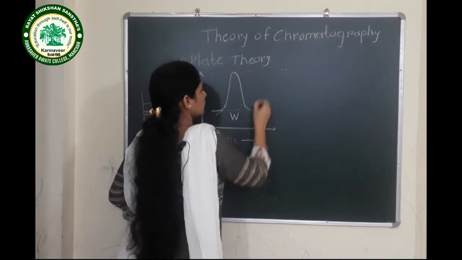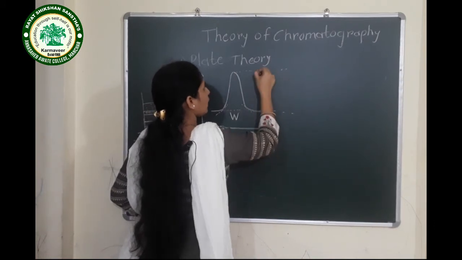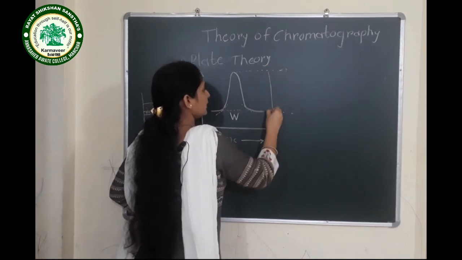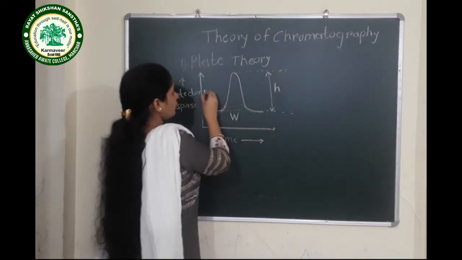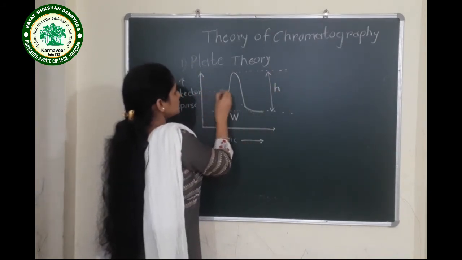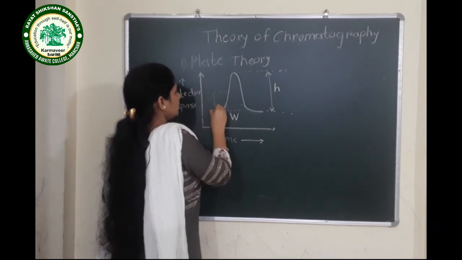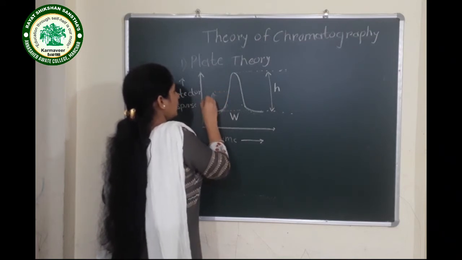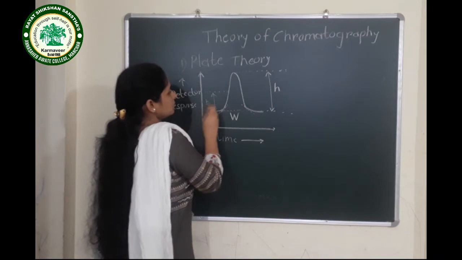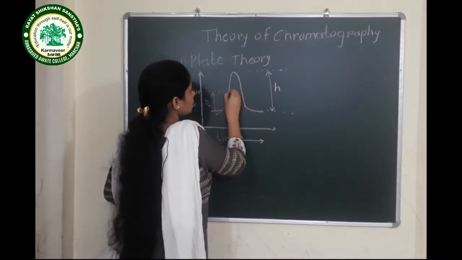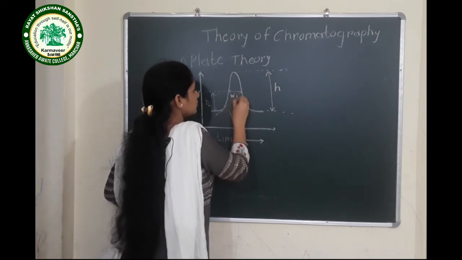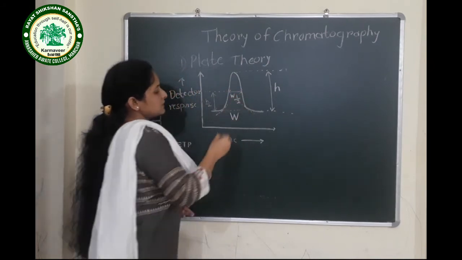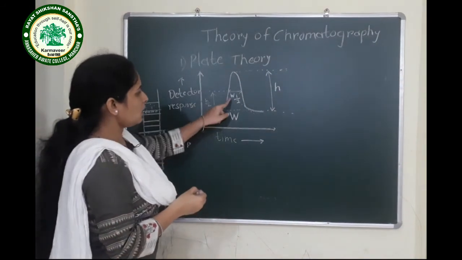This is the height of the peak, H. At the half height, suppose this is the half height, which is given by H half. We will draw the line so that we can obtain the W half, which is the half width of the peak.